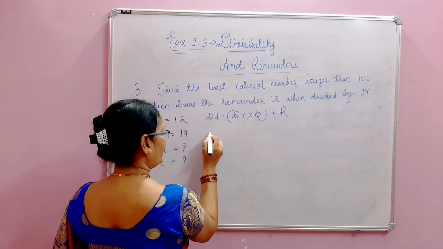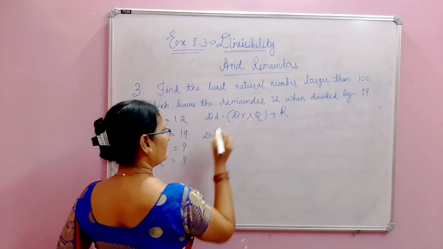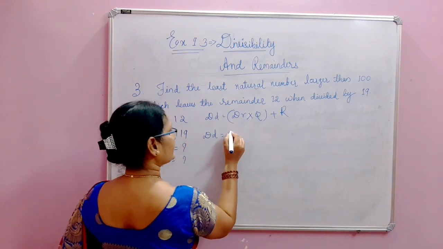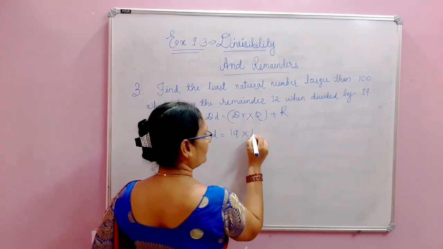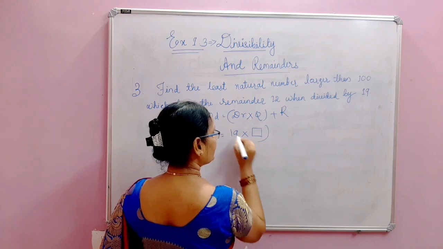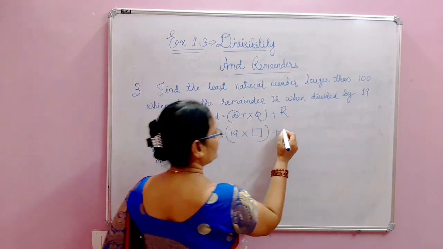Here, the dividend we have to find out. We don't know that dividend. The divisor is 19, into the quotient, which we don't know, we have to find it, plus the remainder, which is 12.